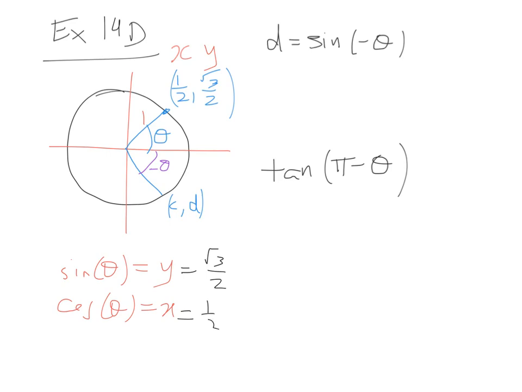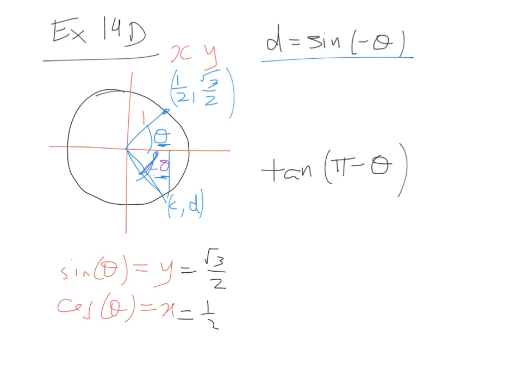So what they're asking us to do here is to find sine of negative theta. Negative theta is over here. We've got the same angle, the same magnitude, same size, but a different sign. Over here we've gone this way, so we've gone down.